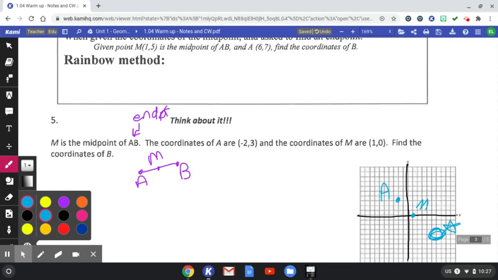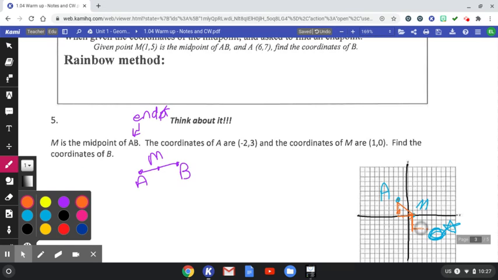And what we can do is use our slope to find it. From A to get to M, we're going to go down 3 boxes and over 3 boxes. So it's down 3 and then over 3 from A to M. Then we're going to go down 1, 2, 3 more boxes and over 1, 2, 3 boxes.